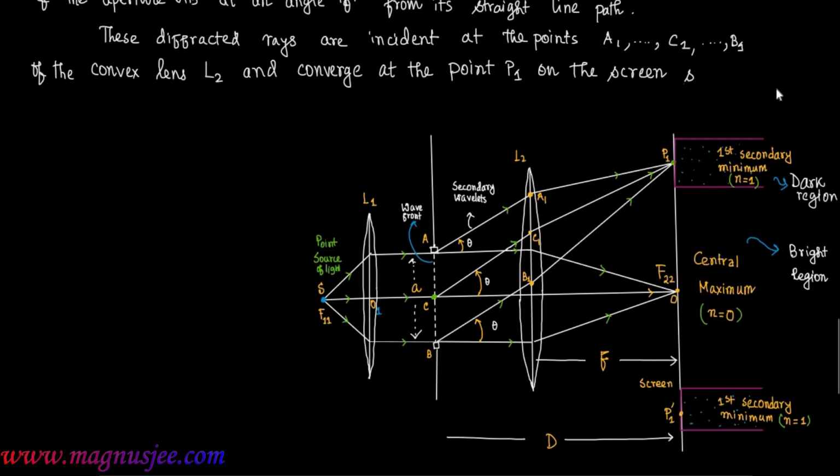These diffracted rays will converge at the point P1 on the screen after refraction through the convex lens L2.